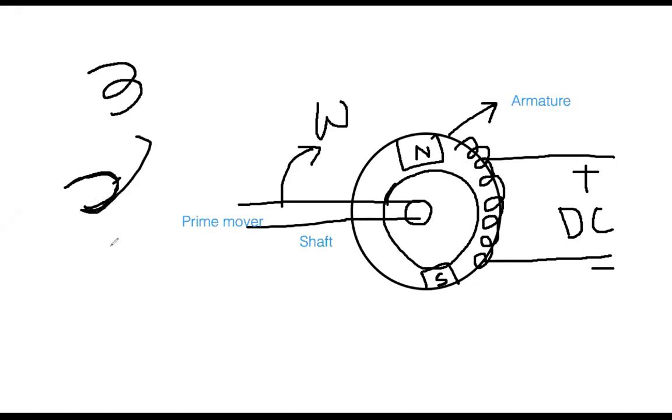So one coil means it has two conductors. That is the definition of conductor and coil. Do you understand? These conductors constitute the coils. For example, this is one conductor, this is another conductor.